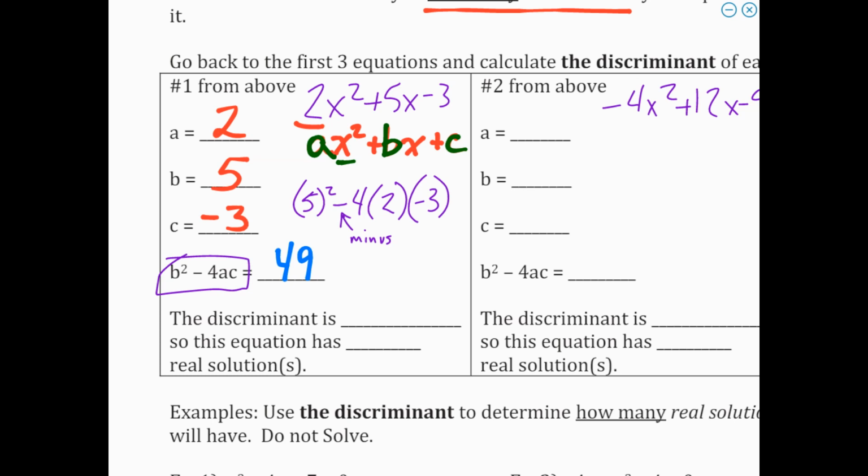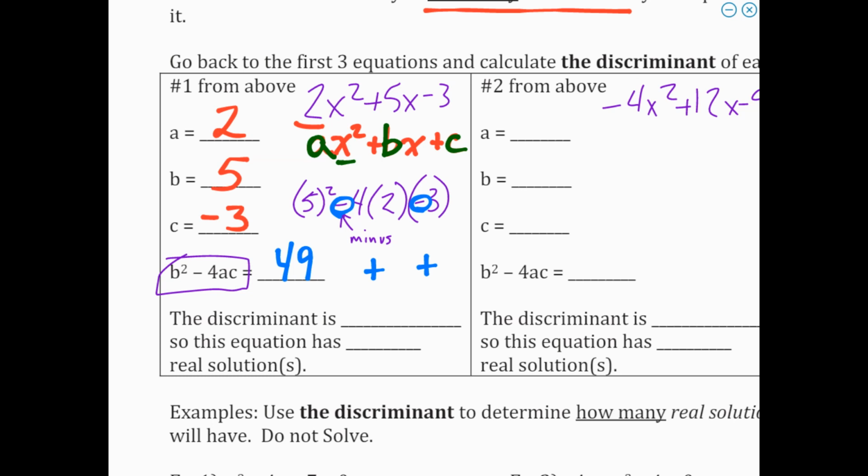Are those problems you can do in your head, without a calculator? Well, for instance here, I know that anything squared is going to give me a positive number. And I know that this negative times this negative is also going to give me a positive number. So if I'm adding two numbers together, am I going to get a negative? No, it's going to be a bigger positive, right?